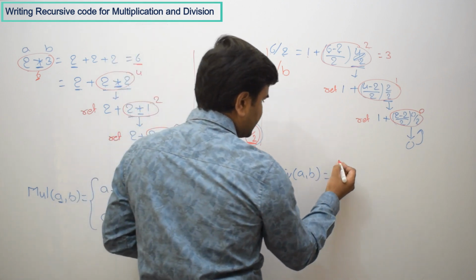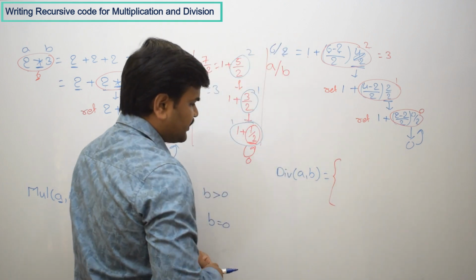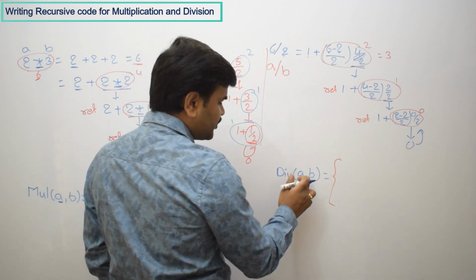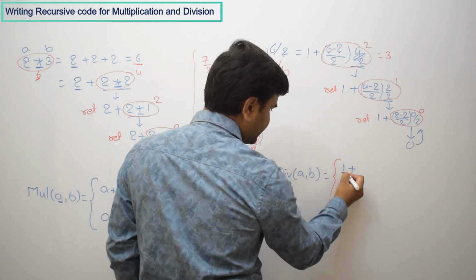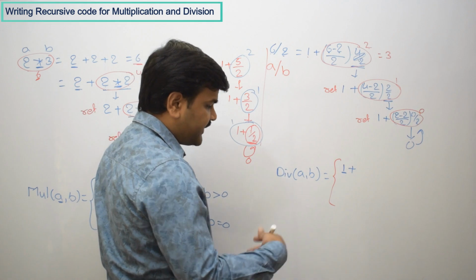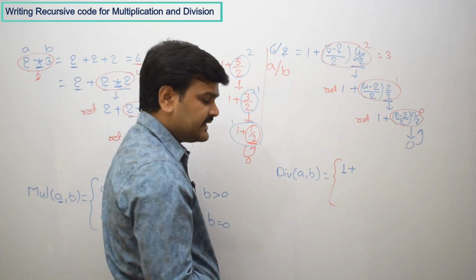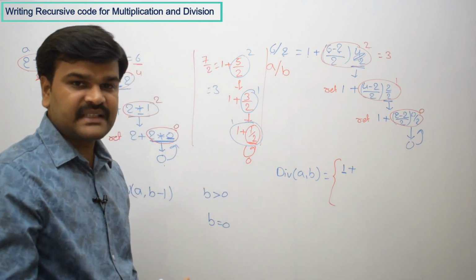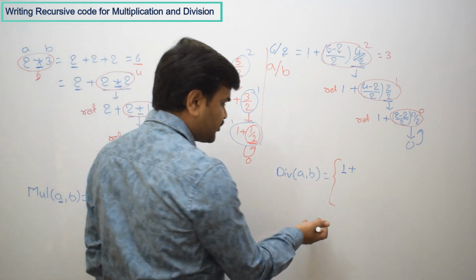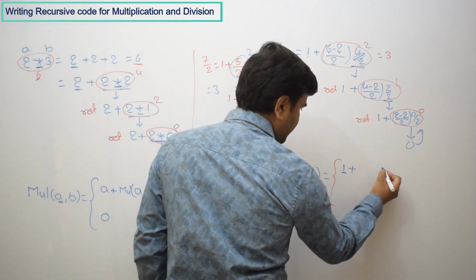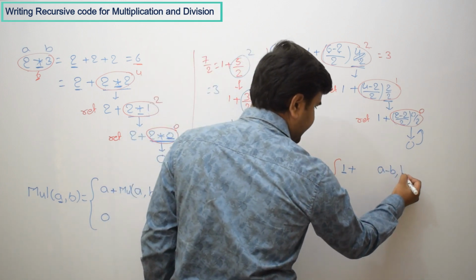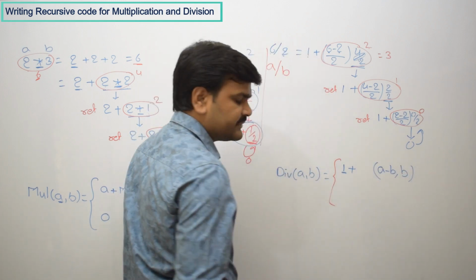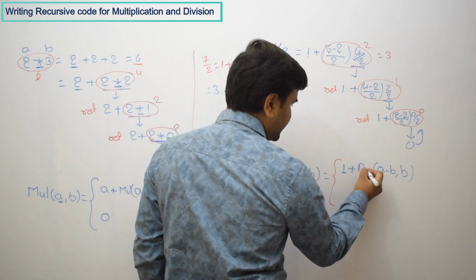So if you see here, what we are going to do is, if you are able to remove B from A one time successfully, that one time you have to add, then how many times further it is dividing, that means how many times further it is going to remove, that we have to find out actually. So one time we already removed B from A, and with the same B next time also you have to perform, and the same function you are calling, right?